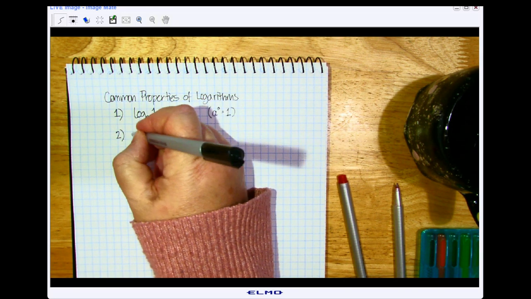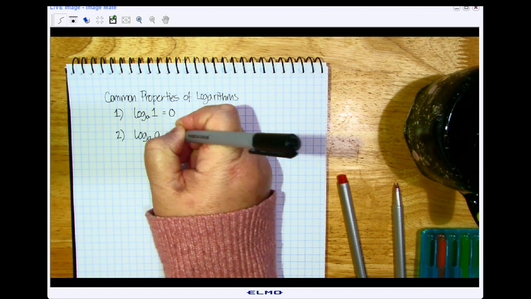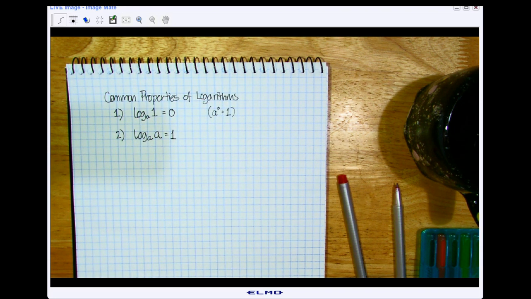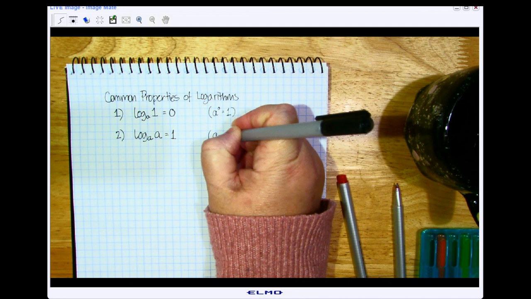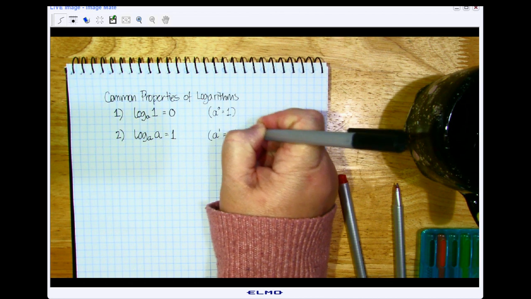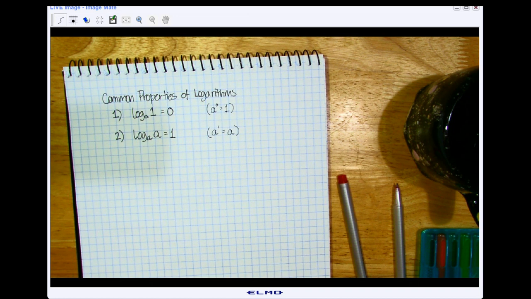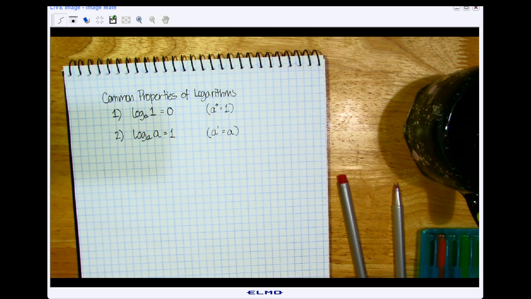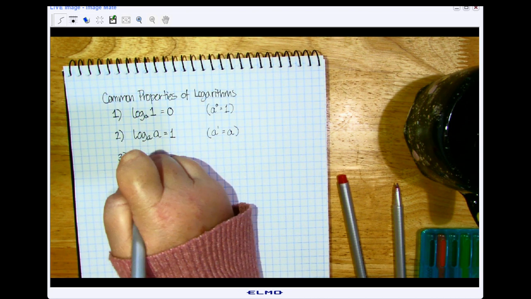Likewise, if you have the log base A of A, this is going to be 1. In exponential form, this looks like A to the first power is A. Third property.